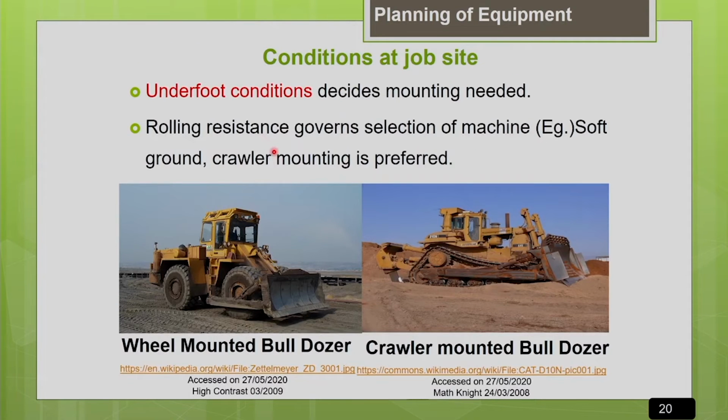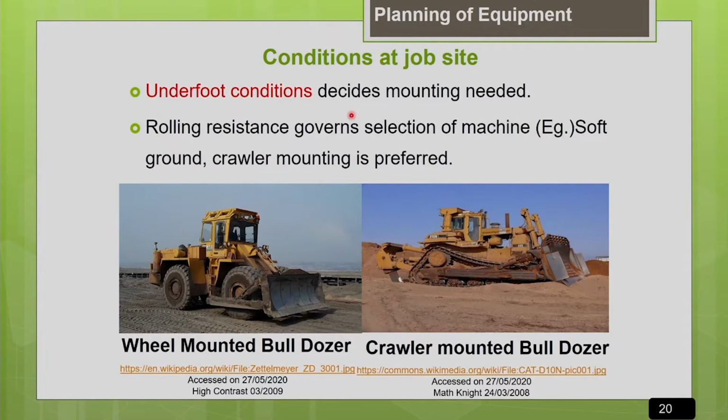Another important thing, apart from all these economics, which we need to consider is the conditions at the job site. The real site condition is a very important factor for selecting your machine. The underfoot conditions are going to decide the type of mounting needed for a machine.